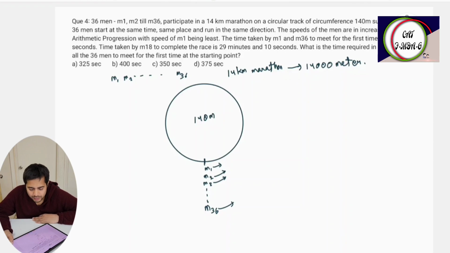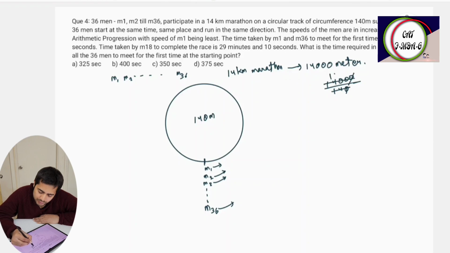Okay, and it is a 14-kilometer marathon, but this circular track is only 140 meters. So 14,000 divided by 140 is 100. Someone has to do 100 rounds. That person, M1 or M2, to complete the race, has to do 100 rounds of this circular track, and that's how the marathon will be completed.